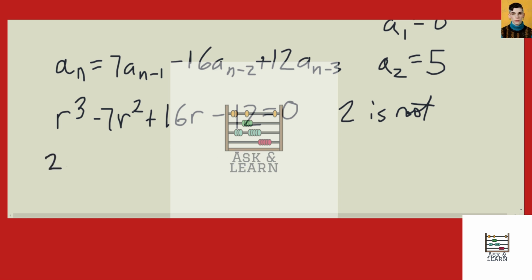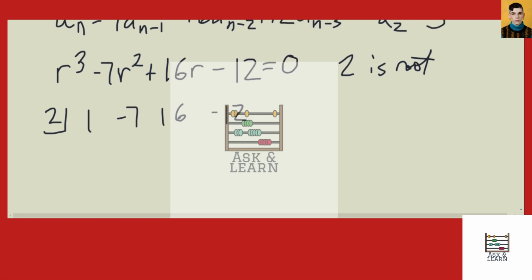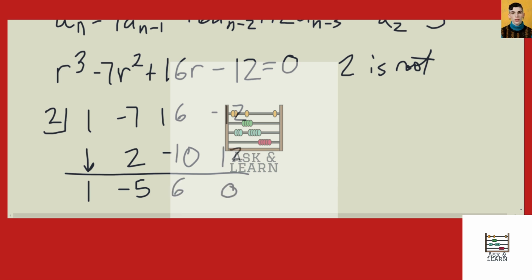and using synthetic division, we obtain r minus 2 times r squared minus 5r plus 6 equals 0.